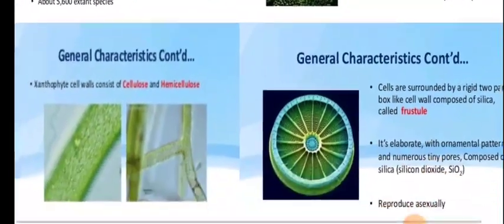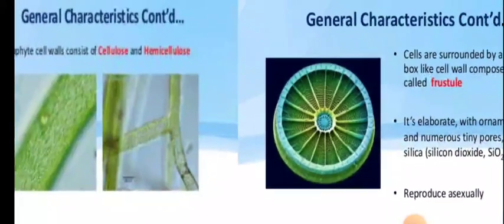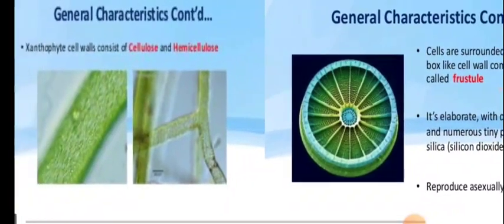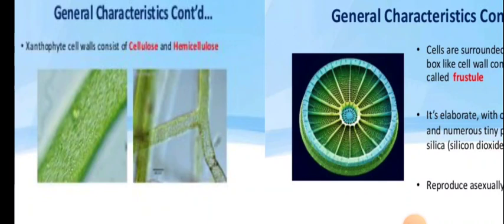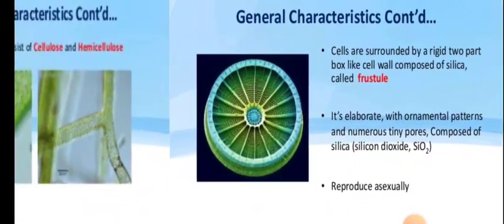Then secondly, the general characteristics. The cell wall is made up of cellulose in Xanthophyceae. In diatoms, the cell is surrounded by a rigid, two-part, box-like cell wall called the frustule, which also has ornamental patterns.